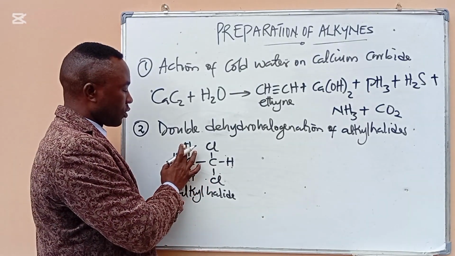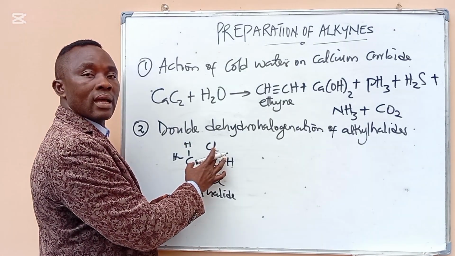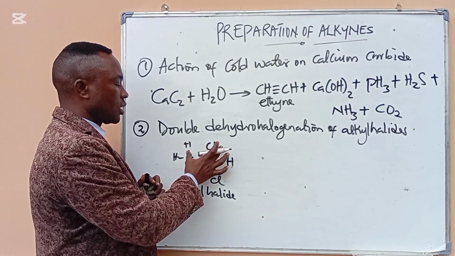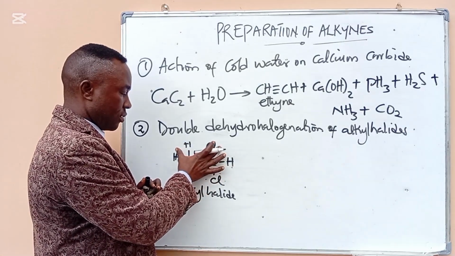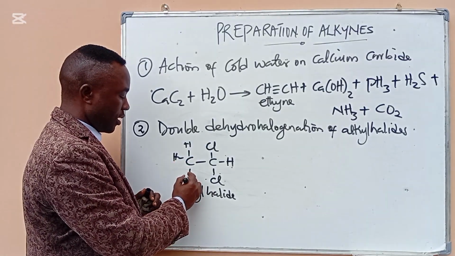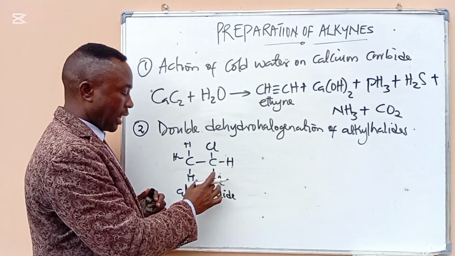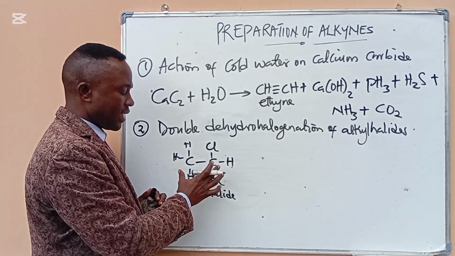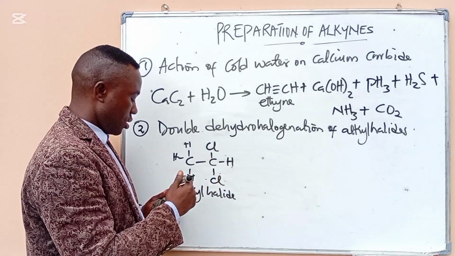We remove hydrogen and the halogen, chlorine in this case. When we remove hydrogen and chlorine, a double bond will be created. Then if we remove another hydrogen and chlorine, another bond will be created, thereby converting alkyl halide to alkyne.